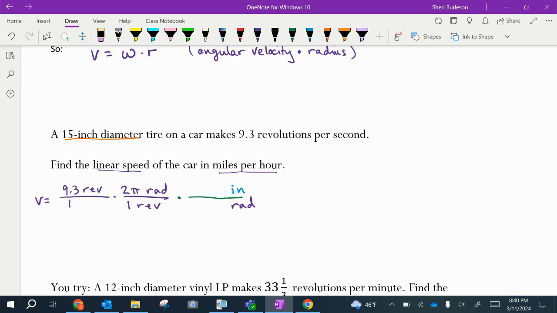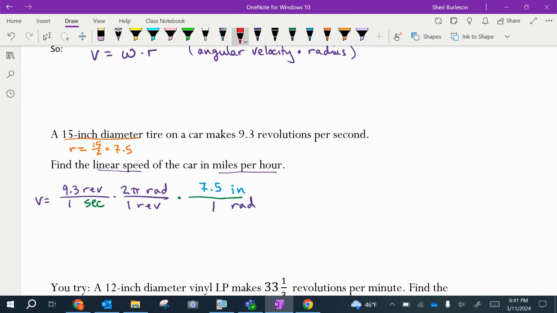I'm going to do that one in a different color. Let's do that one in green, just so that I can see the conversion from my linear units and my time units. So the radius is not 15. The diameter is 15. So if the diameter is 15, my radius is going to be half of 15, or 7.5. So my radius is going to be 7.5 inches per 1 radius.